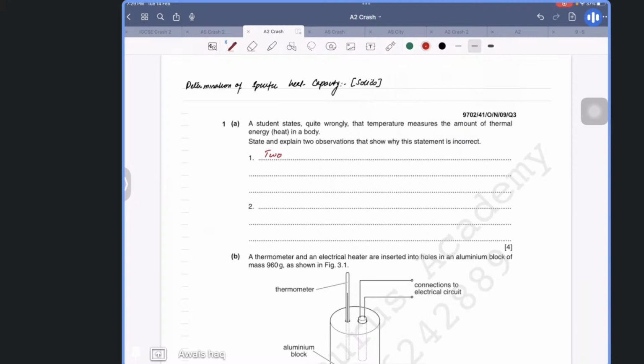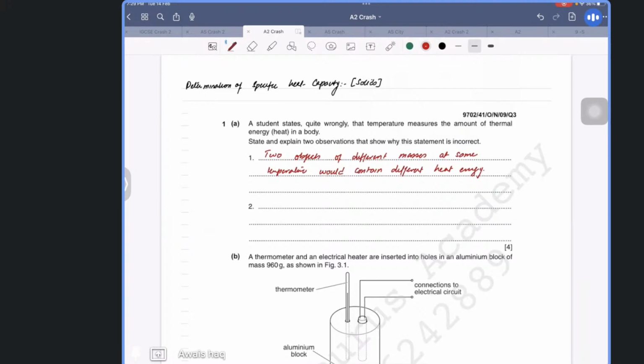So we would say that two objects of maybe different masses at the same temperature would contain different heat energy.